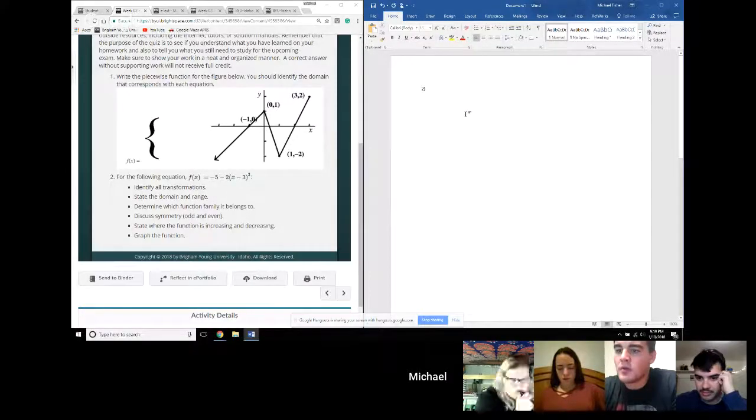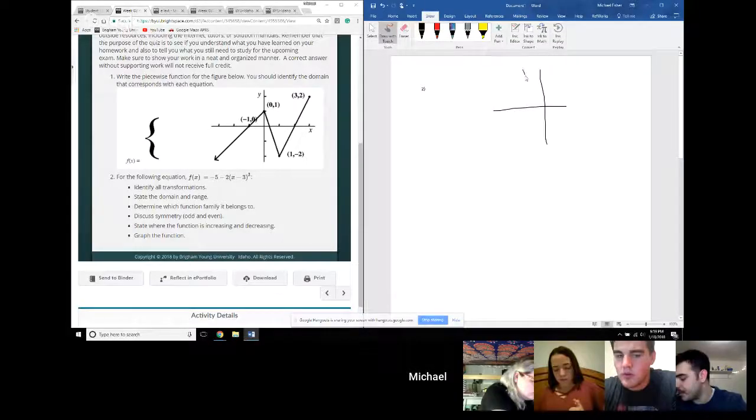I was wondering, wouldn't it be increasing when it goes up, or would that be decreasing going down? It'd be decreasing going down the whole time. So increasing is not applicable. There are spots where the slope gets less, but it never becomes positive. So decreasing would be from infinity down to negative infinity, or is it?